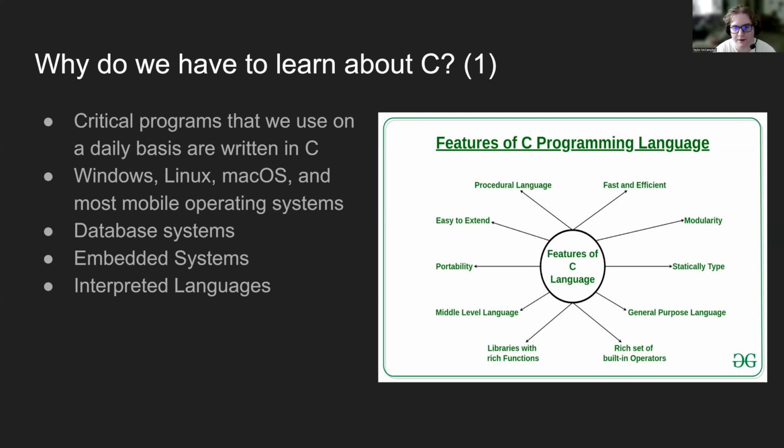So lots of things rely on C that we use on a day-to-day basis that are critical for everyday life. C is used in everything, and it's what a lot of critical systems are written in. And most of that is because C is very fast and good at what it does.